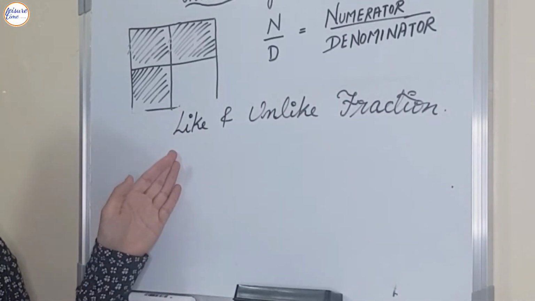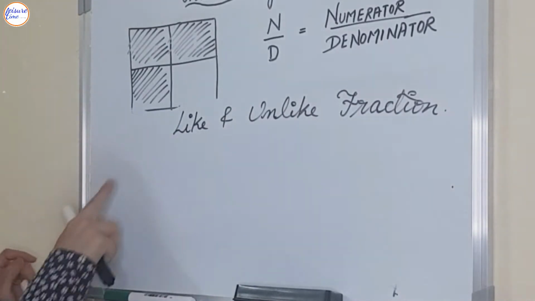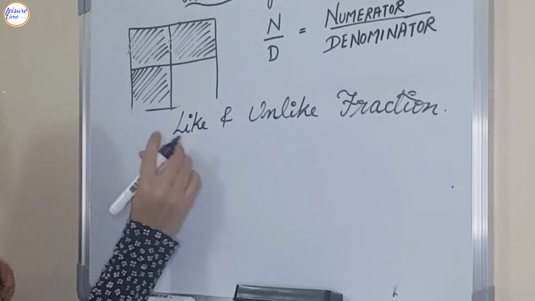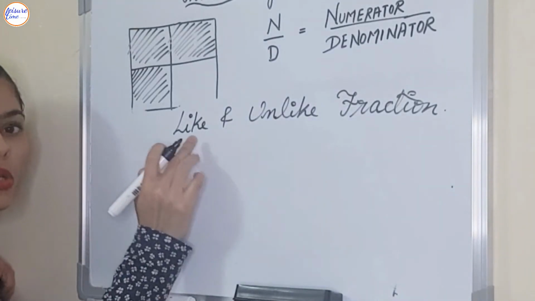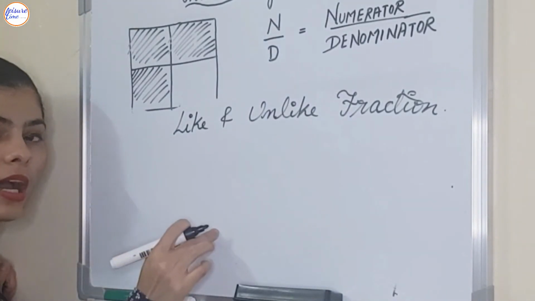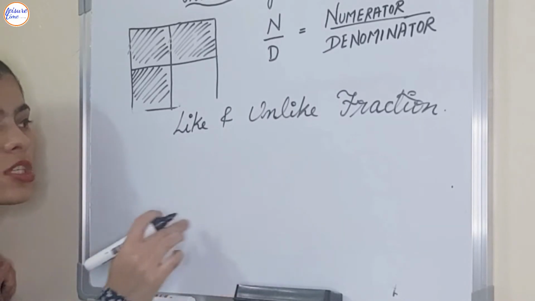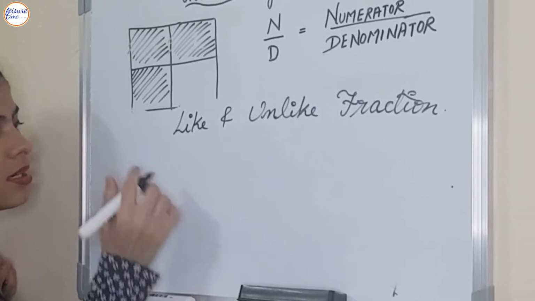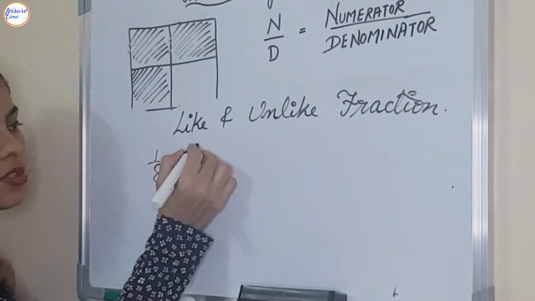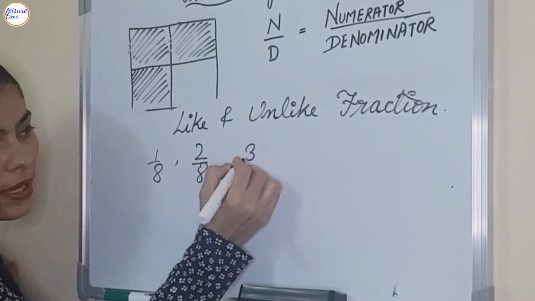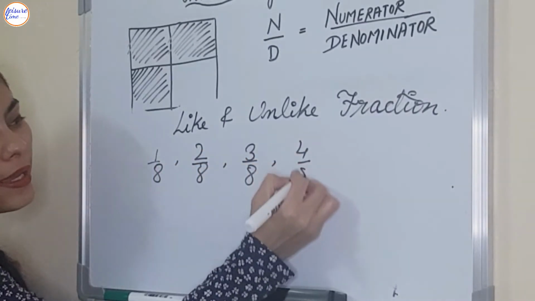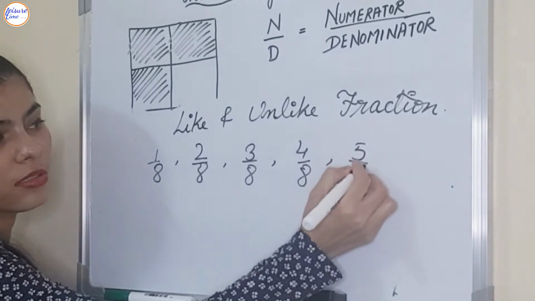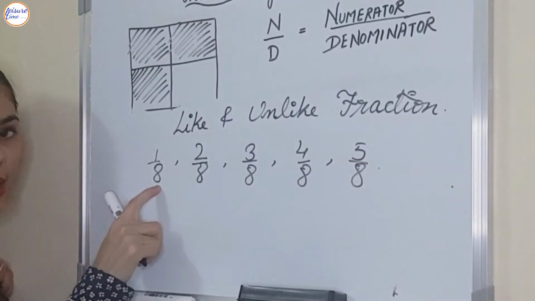Like fractions are those fractions whose denominators are same. For example, 1 by 8, 2 by 8, 3 by 8, 4 by 8 and 5 by 8. What is 8 here?